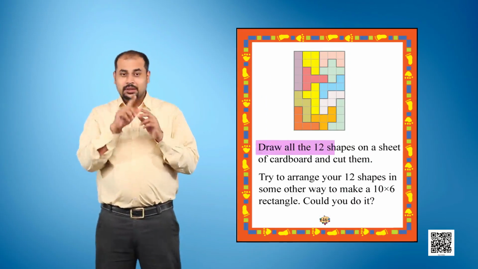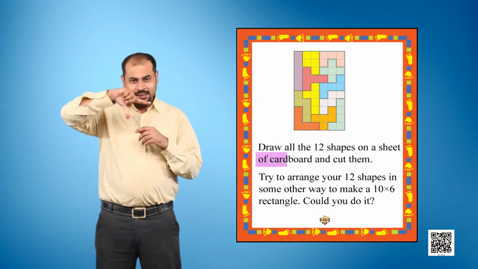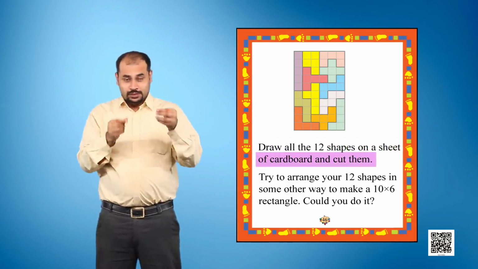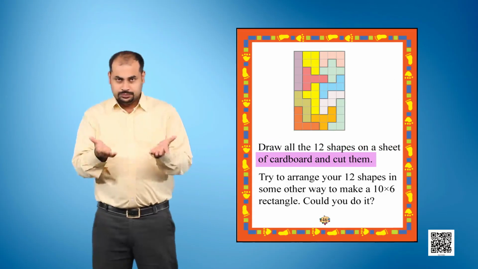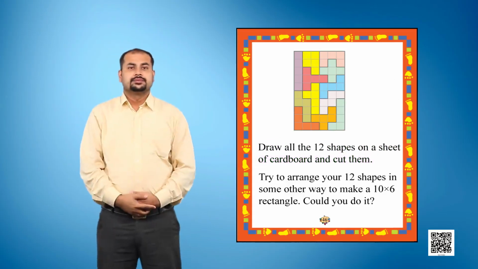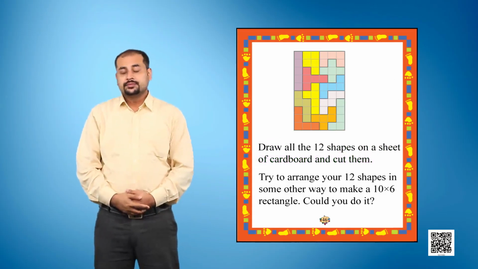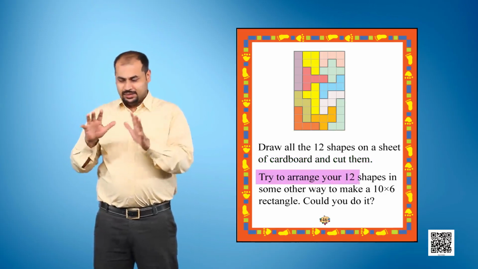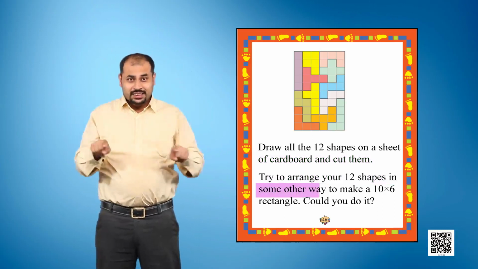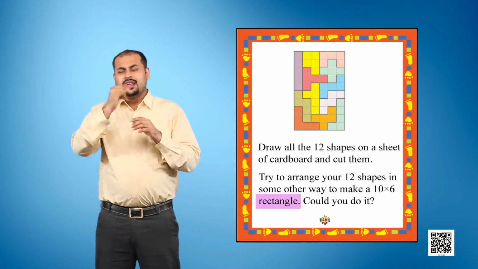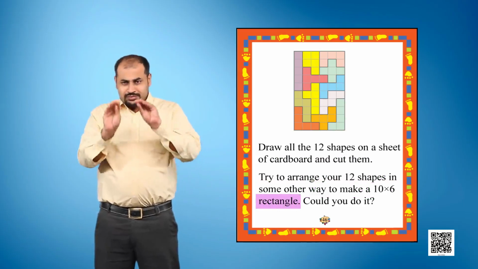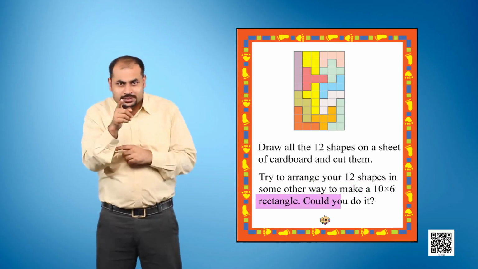Draw all the 12 shapes on a sheet of cardboard and cut them. Try to arrange your 12 shapes in some other way to make a 10 by 6 rectangle. Could you do it?